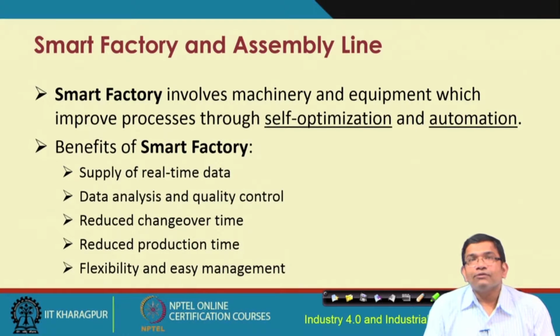Benefits of these smart factories are going to be that one can in real time get a lot of data about different things, particularly the data about the health condition of these different machines. This data will have to be analyzed, and based on the analysis quality control can be done, and all of these things can be done only in a smart factory.